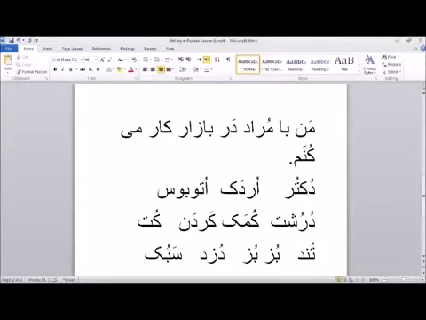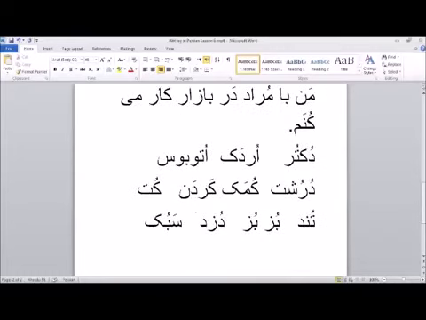O is a sign, and it is connected to the K. And this is the final K, sabok. Okay, one more. N, o, z, o, k. Nozuk. So sabok, nozuk. Nozuk means thin. Okay, nozuk.